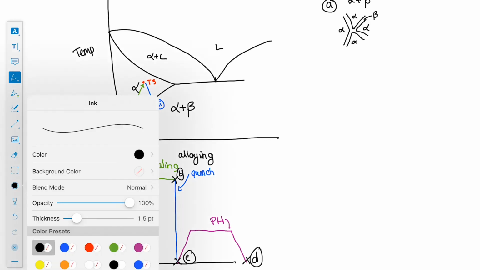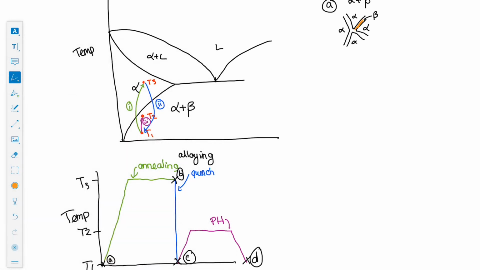And maybe I'll just color that in so you guys can see. Beta is all in here and all in here. Okay. So this is where we start. We then heat to dissolve our beta phase.